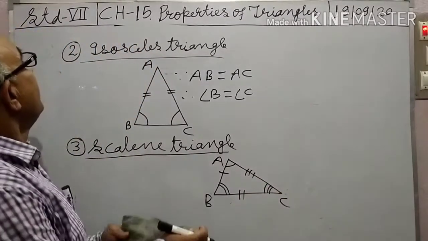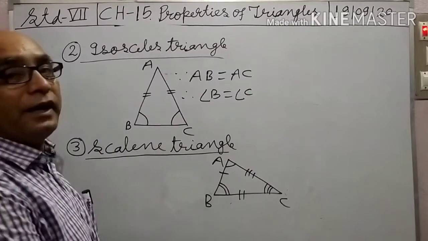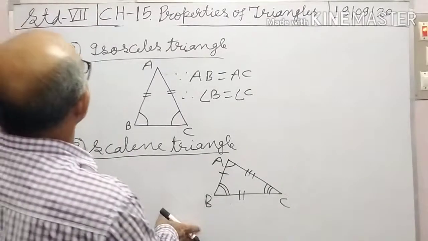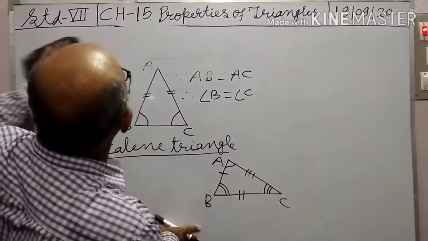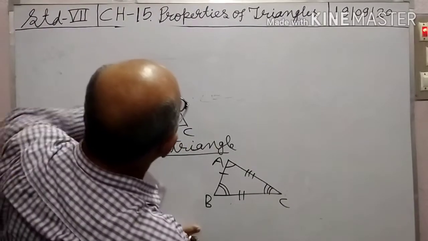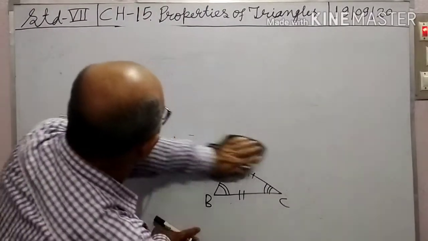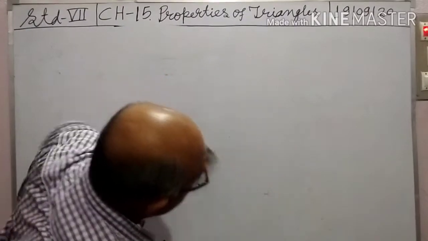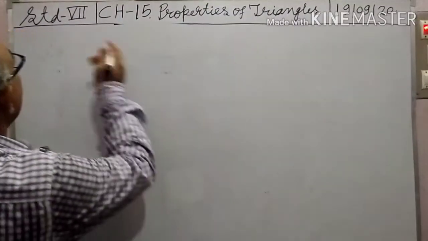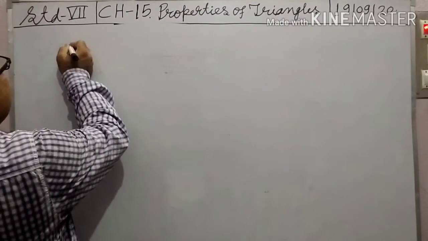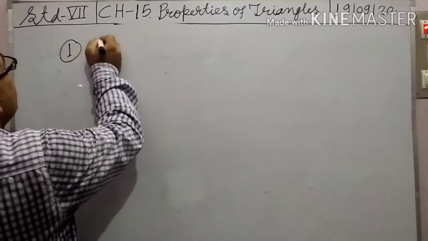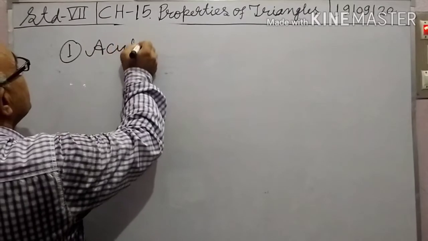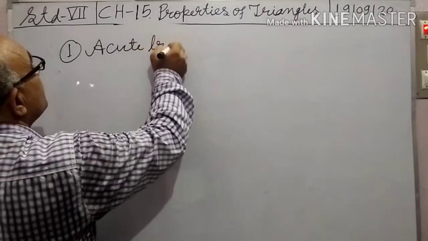Now, other types of triangles are on the basis of angles. According to angles there are three types of triangle. First is acute triangle.